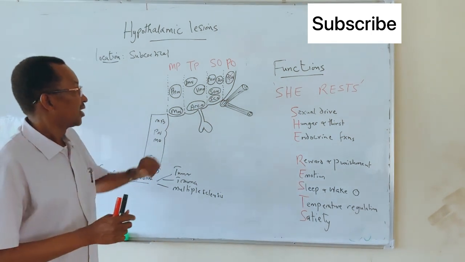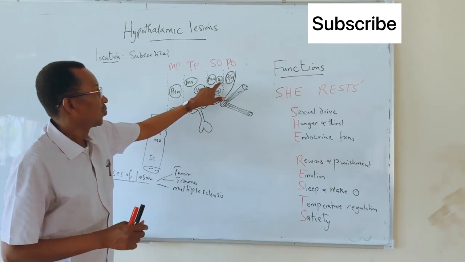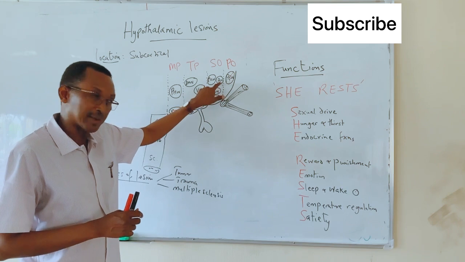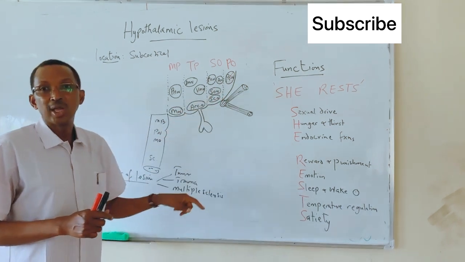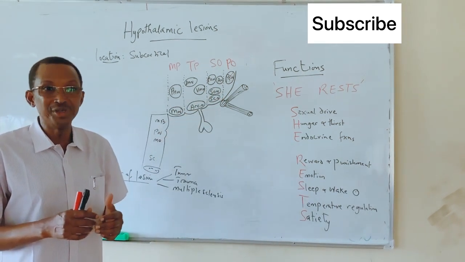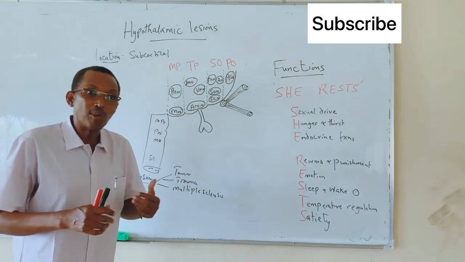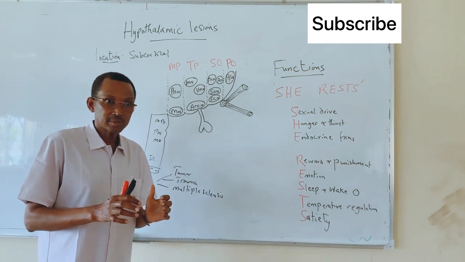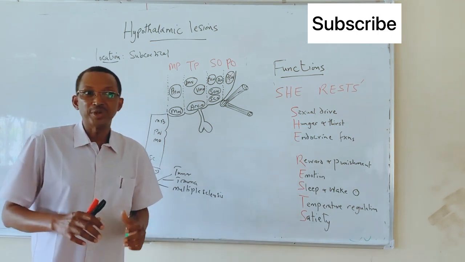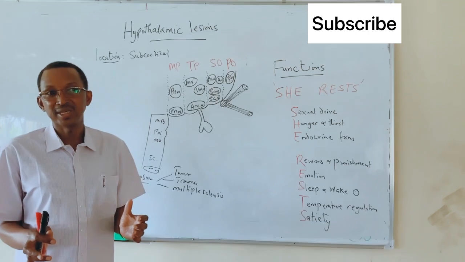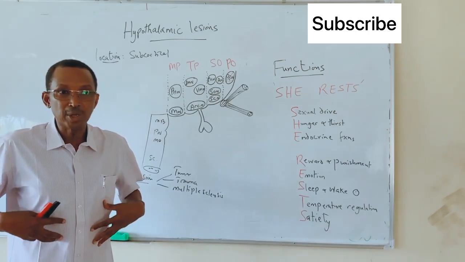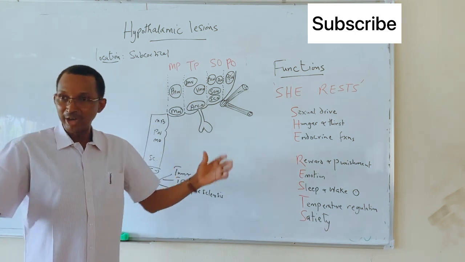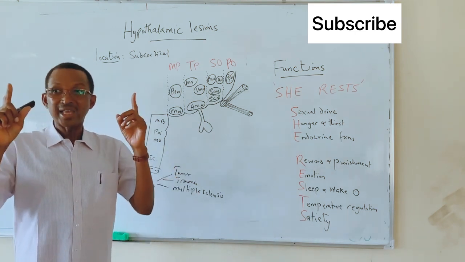Similarly, the anterior hypothalamic nucleus is responsible for the regulation of our body temperature, so that it is not going to rise, especially during hot weather. When the temperature in the environment is very hot, ideally our internal body temperature is also supposed to rise because our environmental temperature is high.